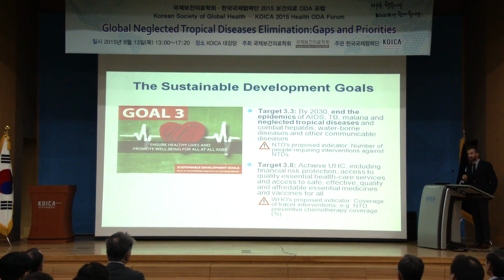But in addition to Target 3.3, which is of course the main one, since it's the one that specifically mentions NTDs, we're also very much focused on Target 3.8, which is about achieving universal health coverage, including, according to the language of the outcome document, access to safe, effective, and quality essential medicines.